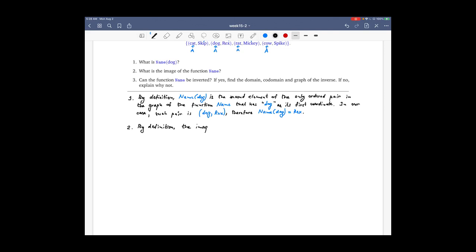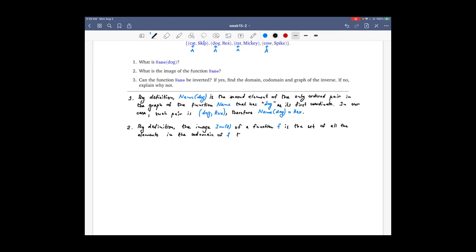The image, which we denote Im of f, of some function f, is the set of all the elements in the codomain of f that have the form, that are images of some elements of the domain.